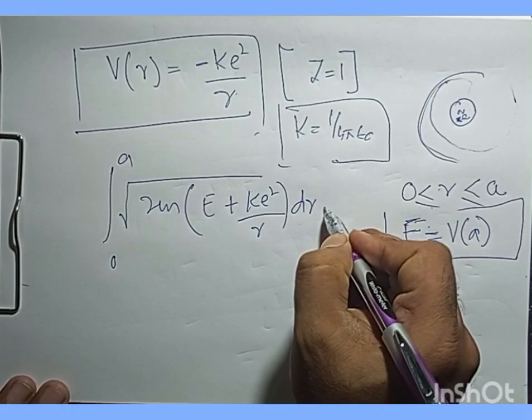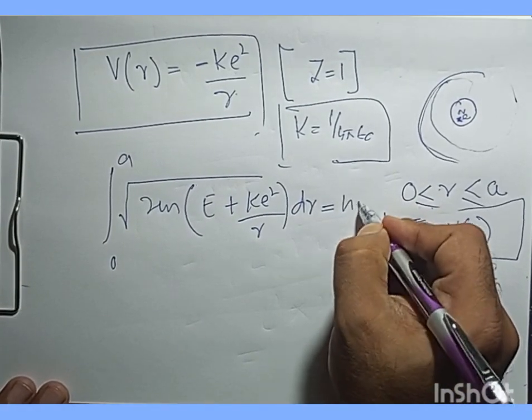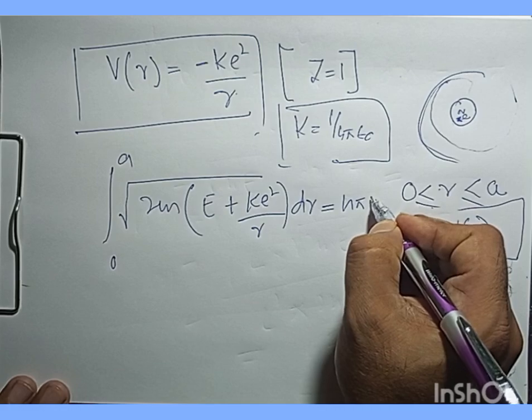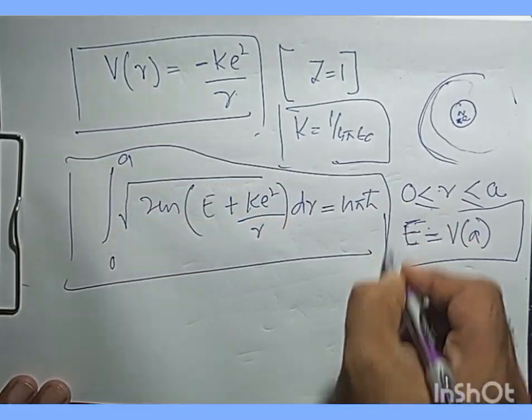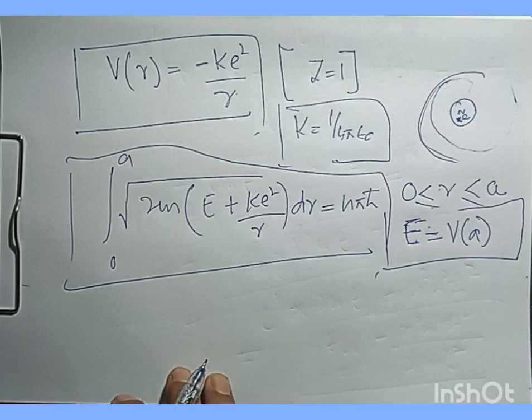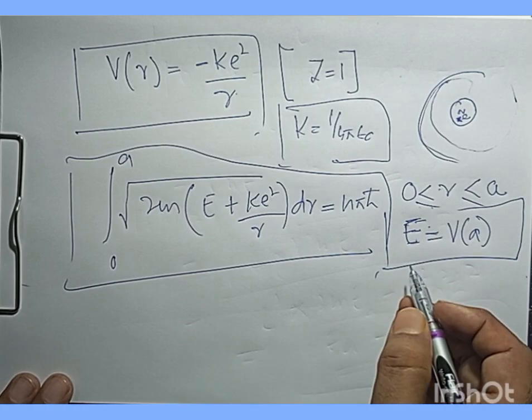And for large quantum numbers, this is N pi h bar. So I have to solve this integral to calculate the energy levels of the states of an electron bound to this nucleus.